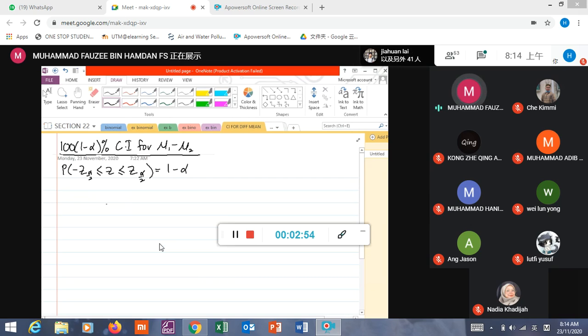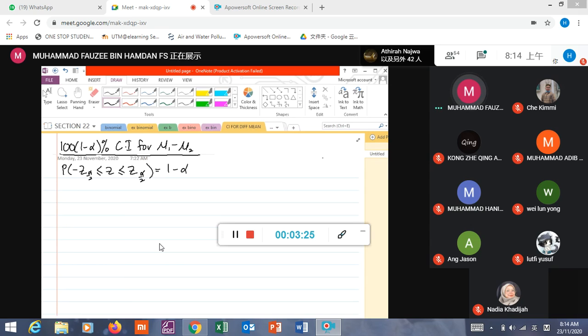But the procedure you don't have to show. You just need to list out all the information, refer to the flowchart, then look at the suitable formula, and then use it. That is what you need to do.